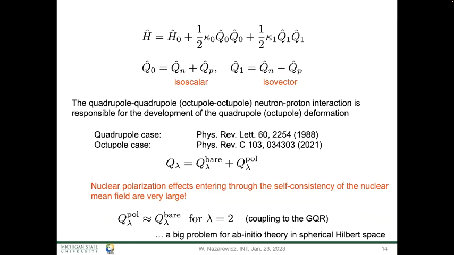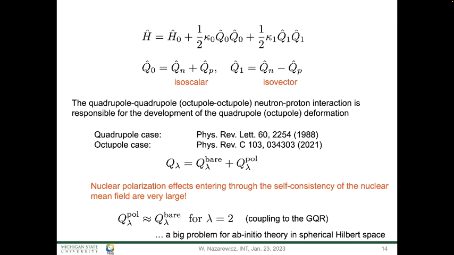So the quadrupole moment is not just the quadrupole moment of valence particles. The polarization effects are large, and in the case of quadrupole deformations, the second term, the polarization term, is of the order of the single-particle term.